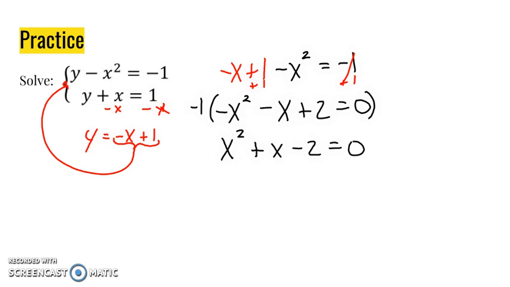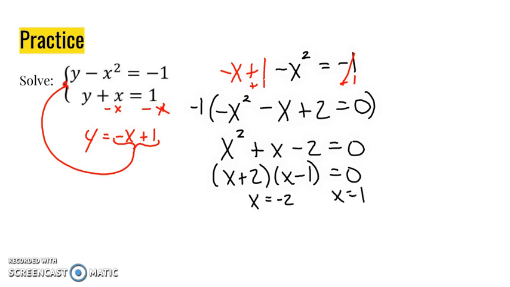Now we're ready to factor because we don't have a negative out in front. When I factor this, 1 times 2 gives me 2 factors of 2 that subtract to give me 1. We go through our factoring steps, and I end up with (x plus 2) times (x minus 1) equals 0. Set both of those factors equal to 0, and I end up with x equals negative 2 and x equals 1.